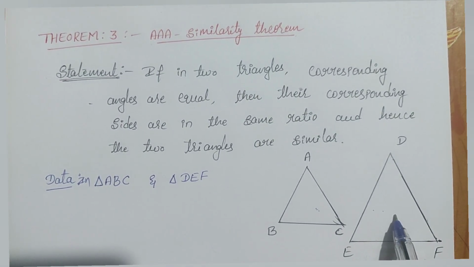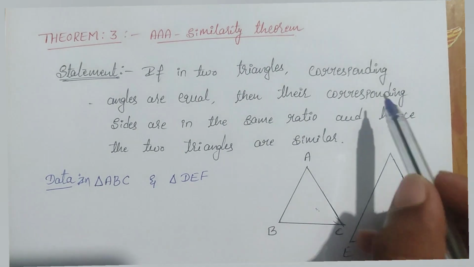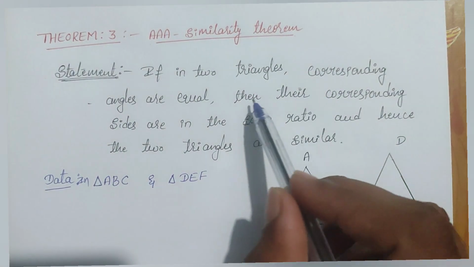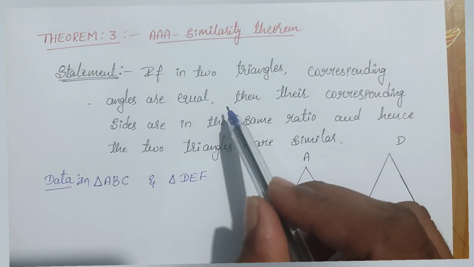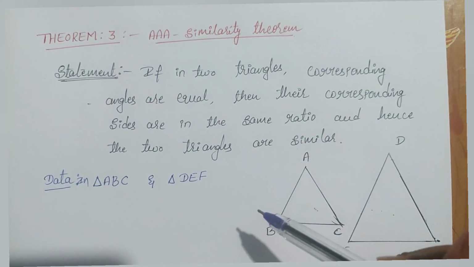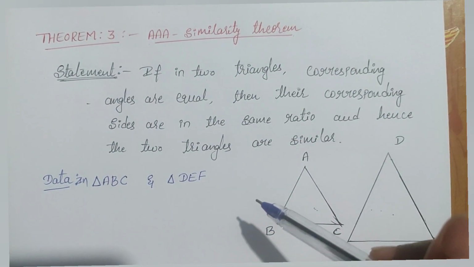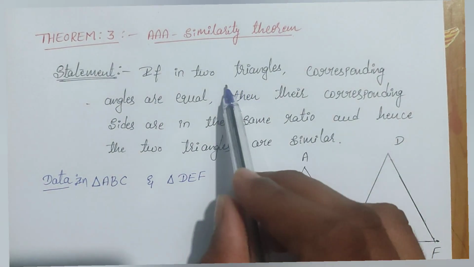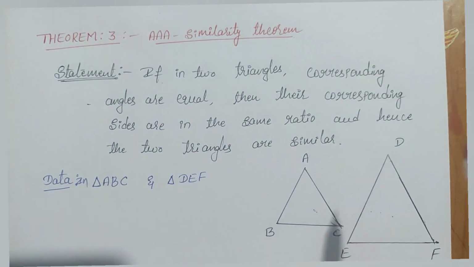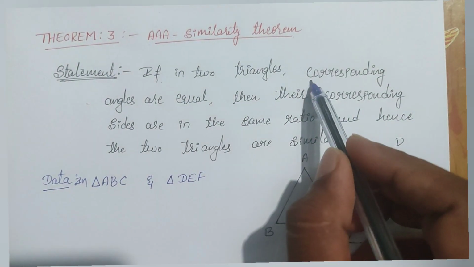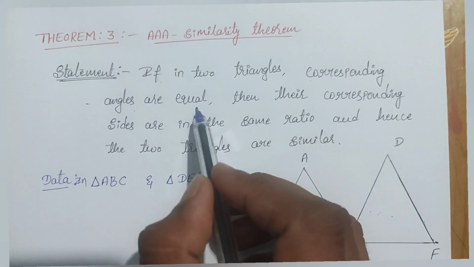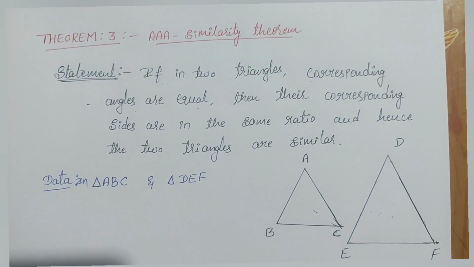As I said in the previous theorems, the first part of the statement will give you the data, and the next part of the statement will give you what we have to prove. So the first part: if in these two triangles the corresponding angles are equal, this is the data.